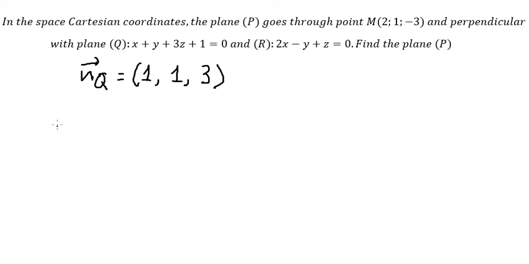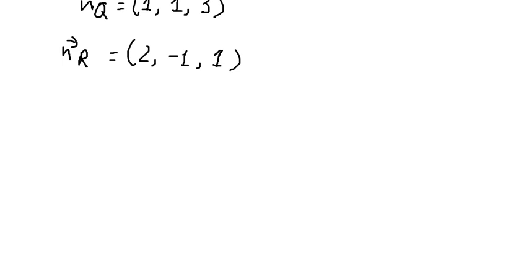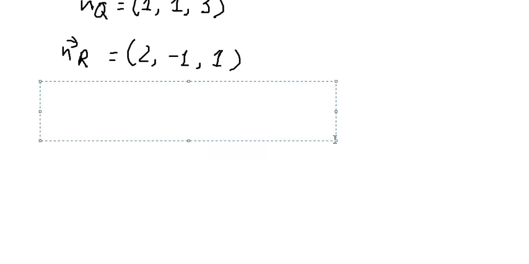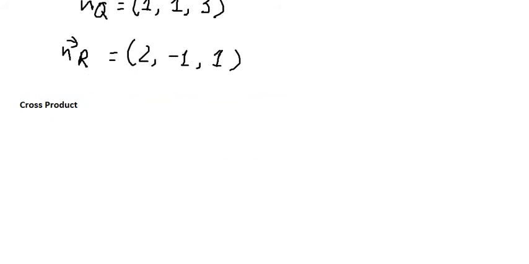And the next one, the normal vector of R, that should be 2, negative 1, and for z it is 1. Now the next one, we can use the cross product between the vector of Q and the vector of R.